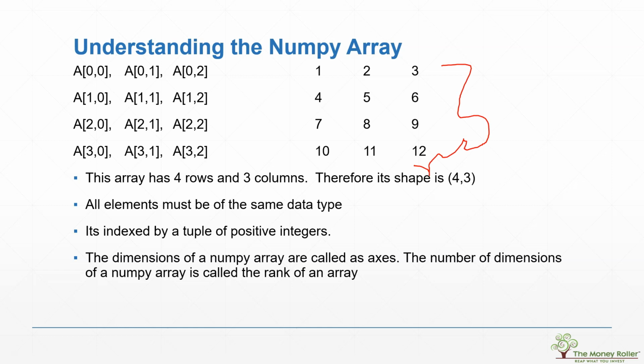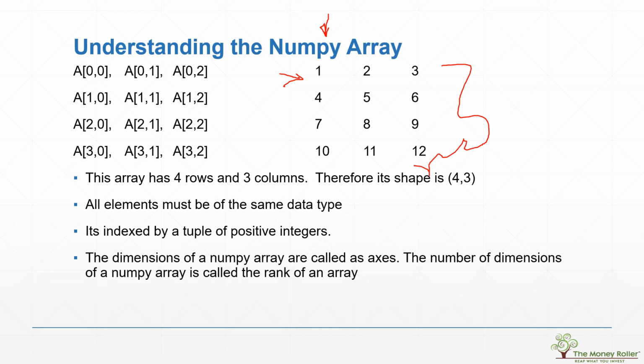Pardon my drawing, it's pretty bad, but this is an example of a NumPy array where there are 4 rows and there are 3 columns in this array. How we'll create this array we will learn a little later. But what you need to understand here is that this is how you can index an array.